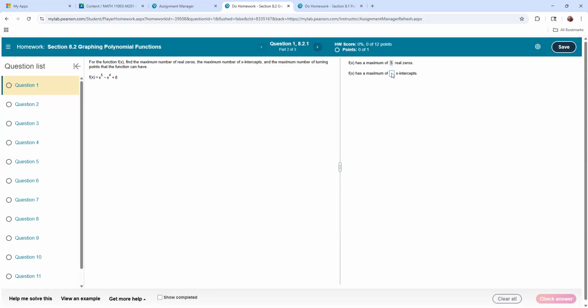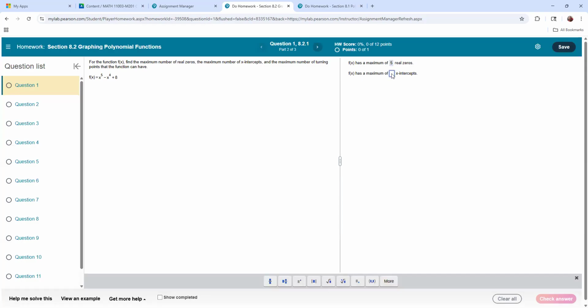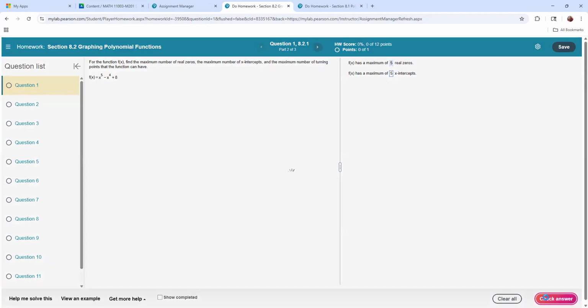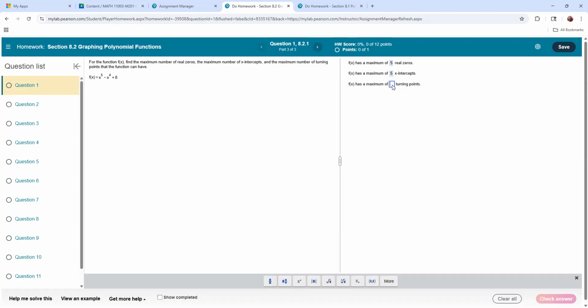It has a maximum number of how many x-intercepts? So that was 5 also. Remember, those two answers will always be the same, okay? So then you would check that. Has a maximum of how many turning points?